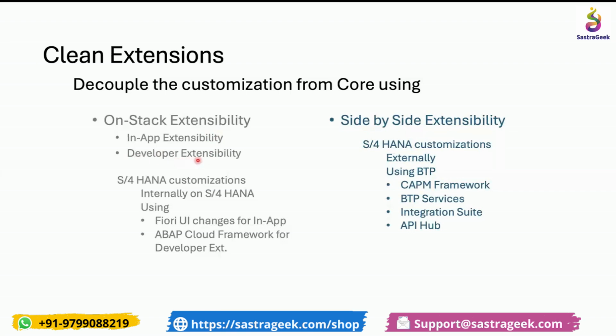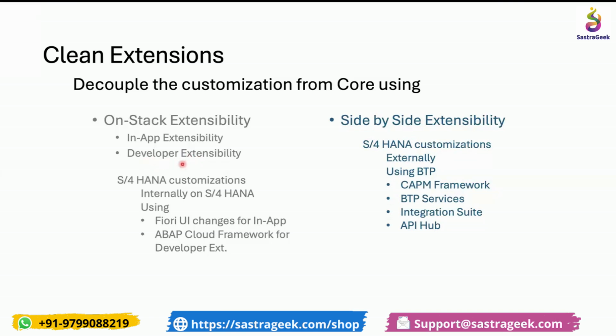Then there is the developer extensibility. The developer extensibility is handled by the ABAP developers on the S/4HANA system. Again, there is the three-tier architecture for it, where they use only local stable released APIs, or they will be using wrappers for the ones that are not released by SAP.